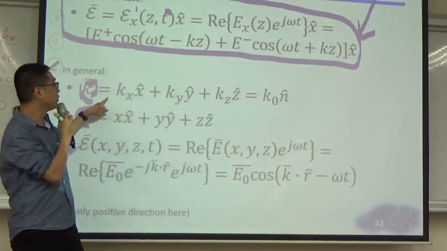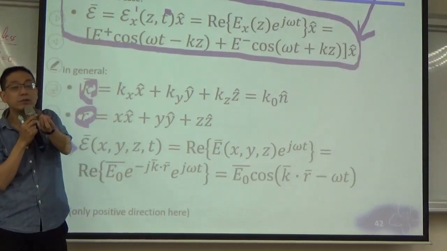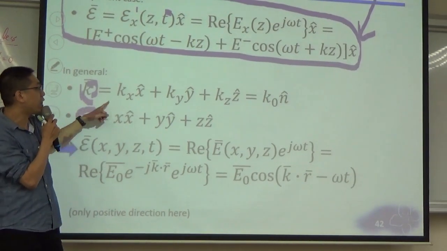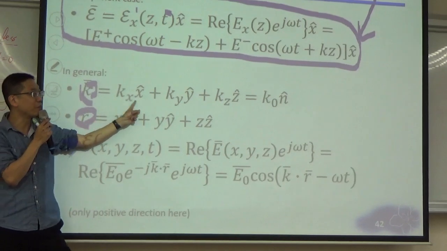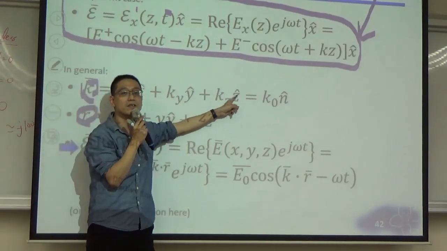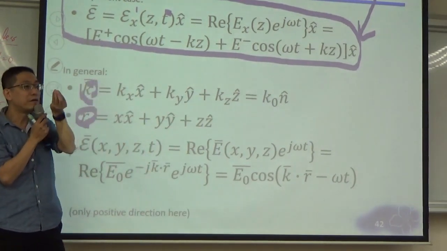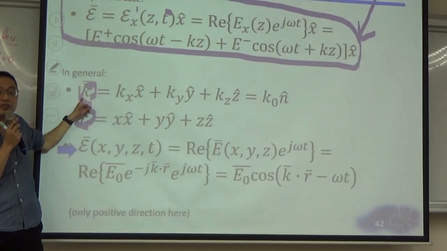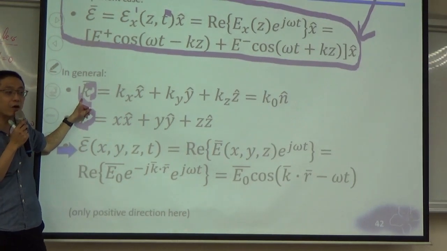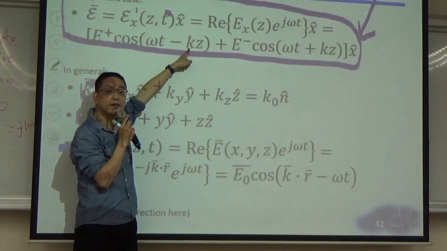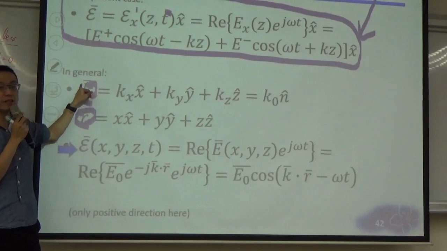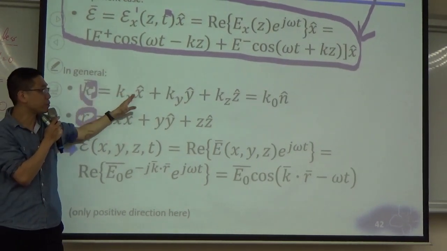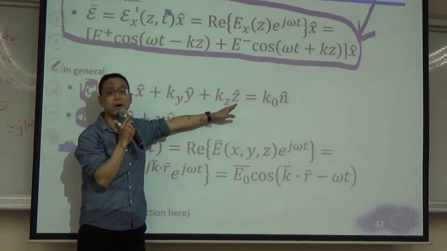But here, you need to consider a new general case. You need to consider how many K in x, how many K in y, and how many K in z. So you make a new notation which is a vector, not just an easy K. It has an x part, a y part, and a z part.